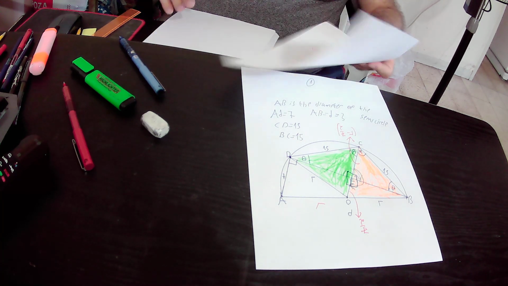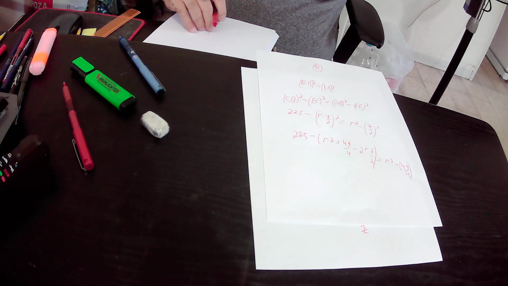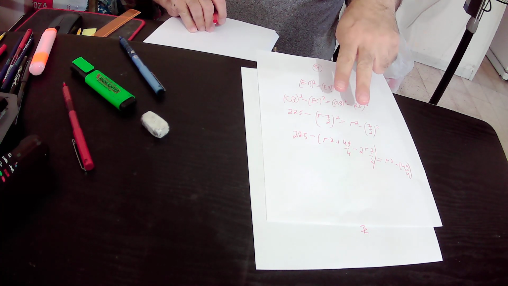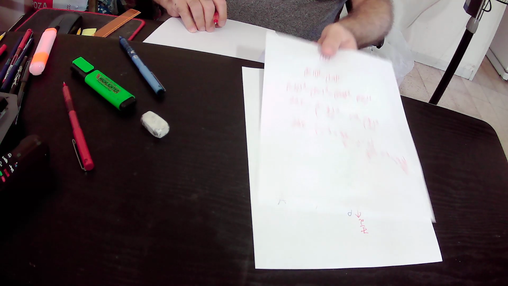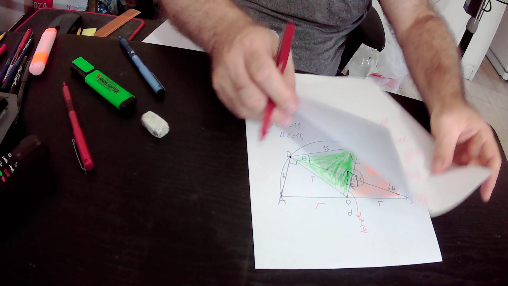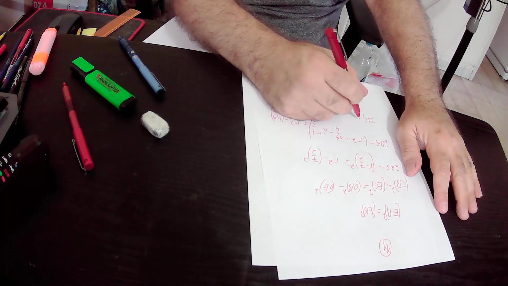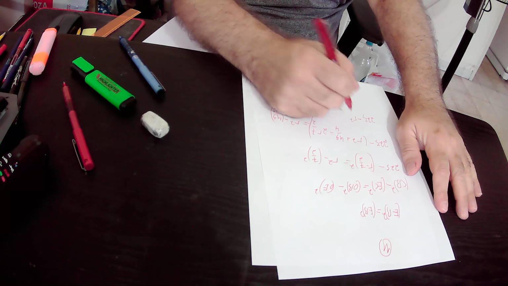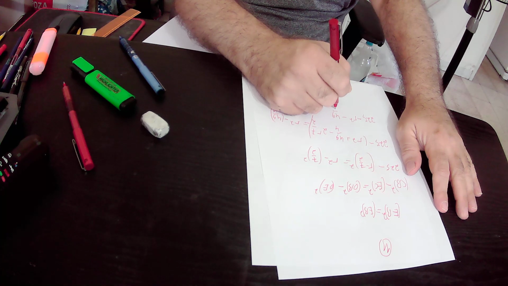Okay, so in total we got this expression. Here we will open the brackets. We will get that 225 minus R square minus 49 over 4.